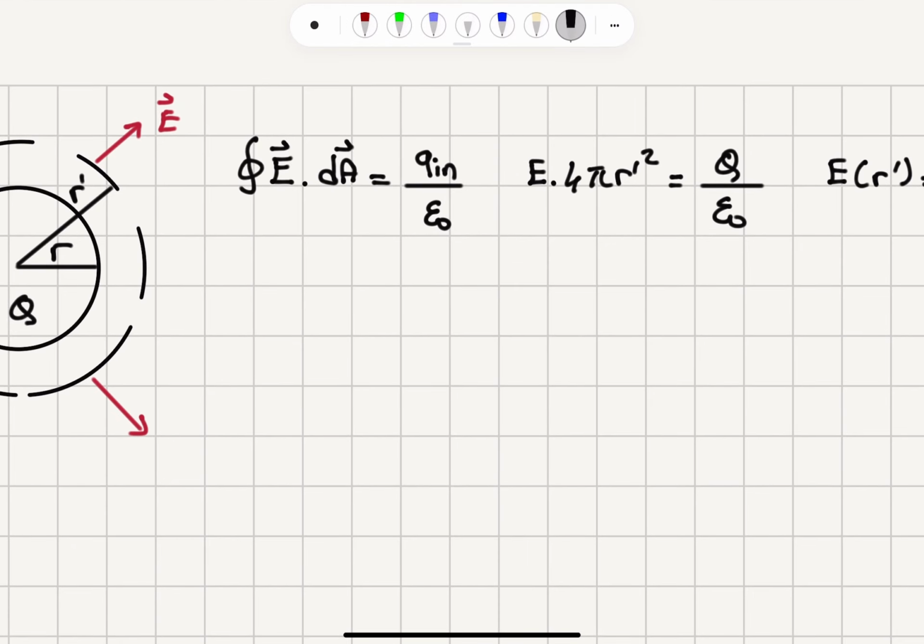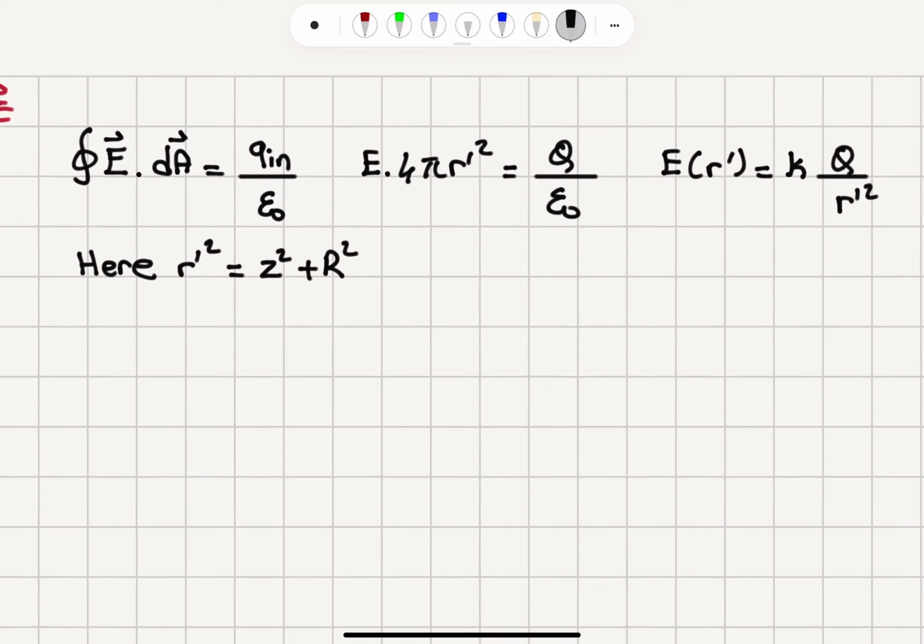So we note that in our calculation, the radial distance from the center is r prime, where r prime square is equal to z square plus capital R square. So for the magnitude of the electric field at that point, I should write K capital Q divided by z square plus capital R square.